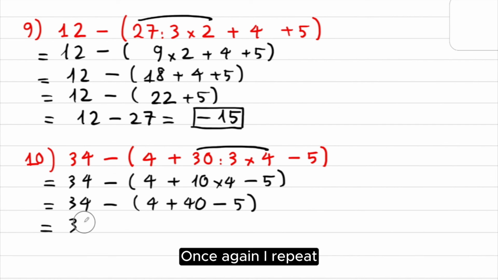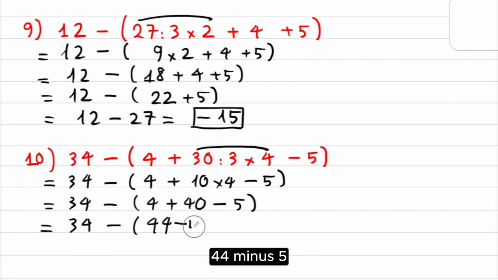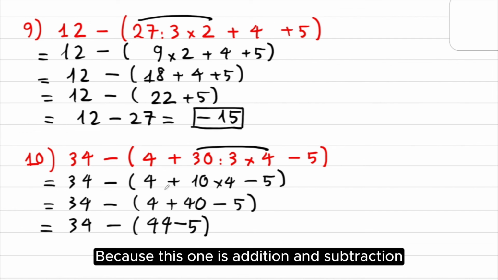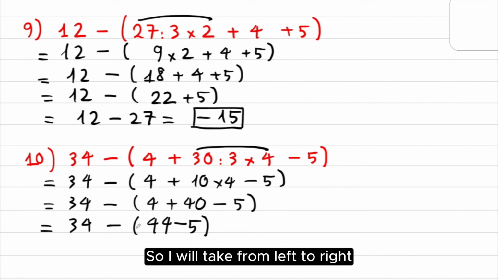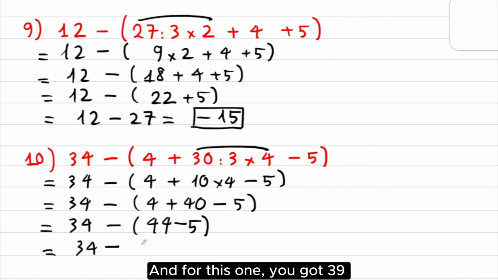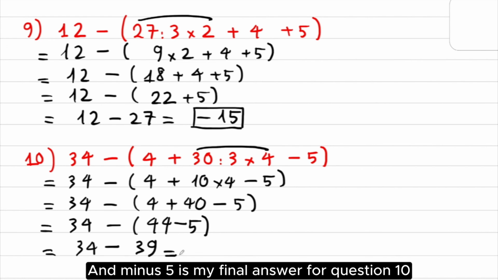Once again, I repeat, 44 minus 5, because this one is addition and subtraction, so I will take from left to right. And for this one, you get 39. And 39 is my final answer for question 10.